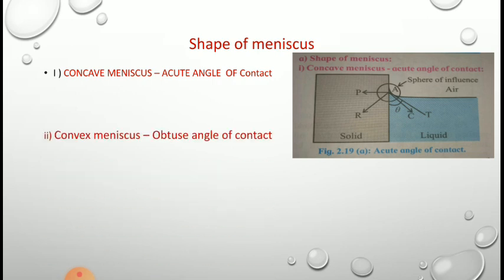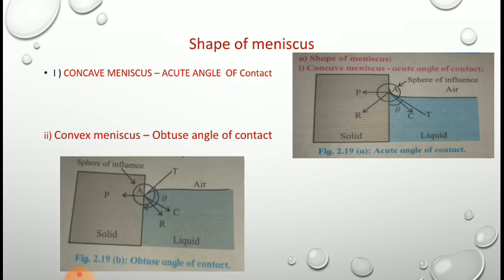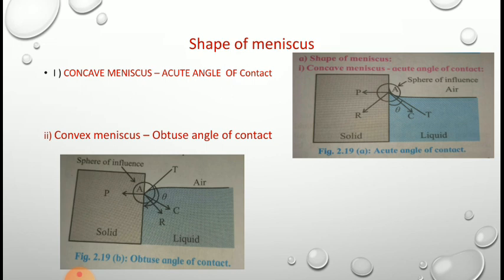The second case we consider is convex meniscus, for which we have an obtuse angle of contact, which is shown in figure 2.19b. This figure shows the obtuse angle of contact between a liquid and a solid, for example mercury in a glass bottle. Consider molecule A, capital A, on the surface of liquid near the wall of the container.